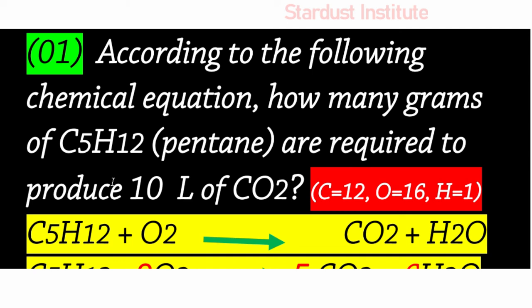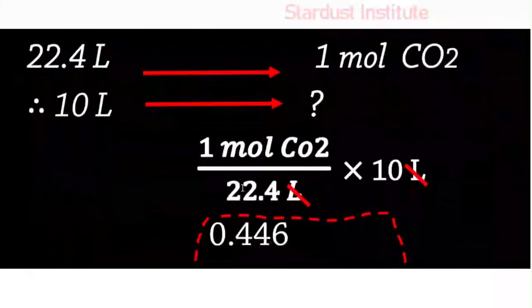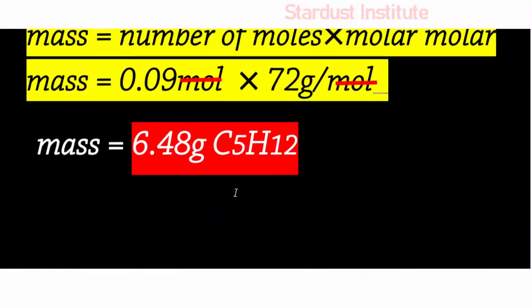To produce 10 liters of carbon dioxide, 6.48 grams of pentane are required.